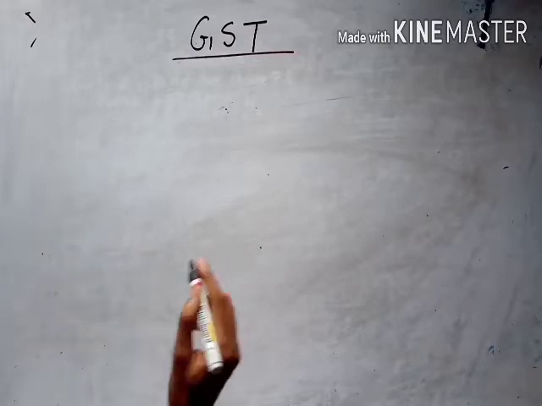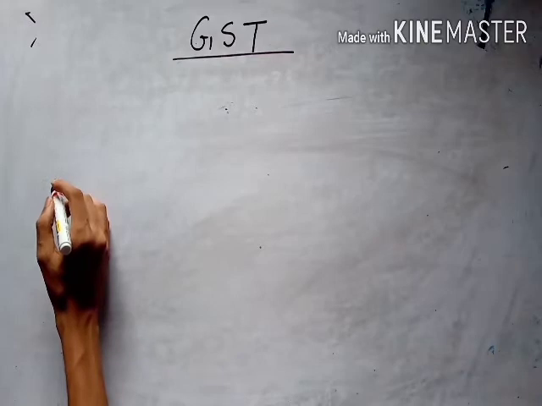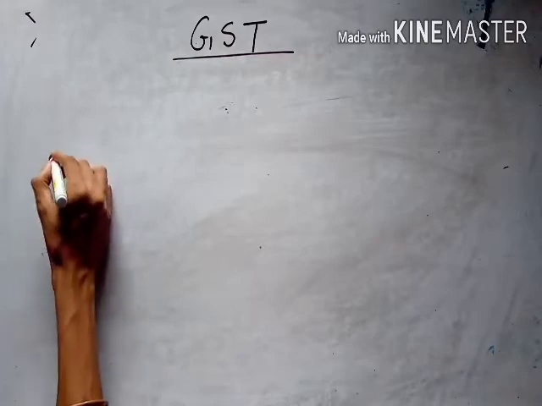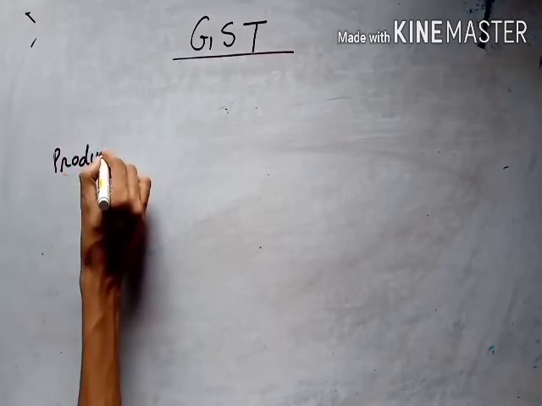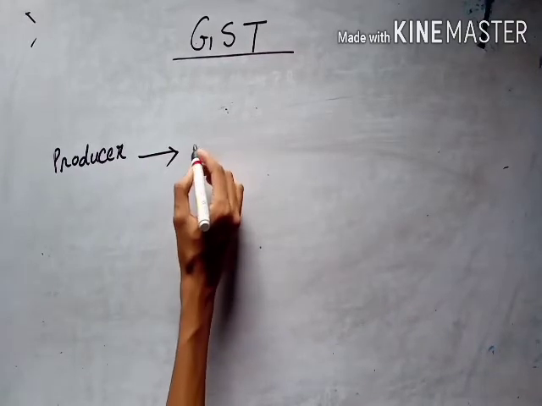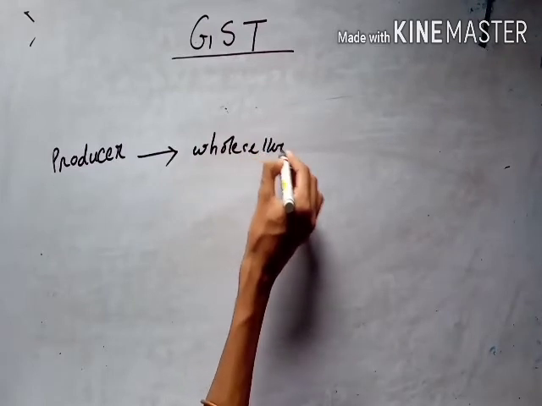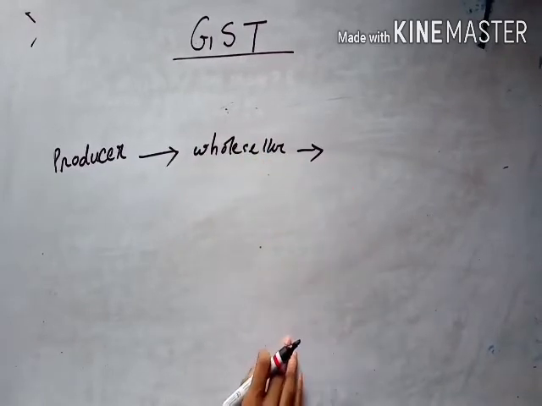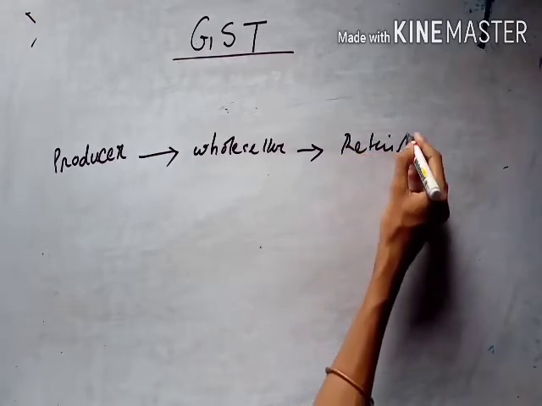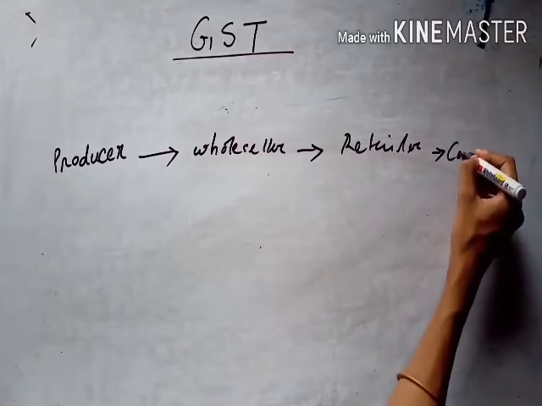The steps are: first, there is a producer who produces goods, and then the wholesaler, then there is the retailer, then us, we are the consumer.